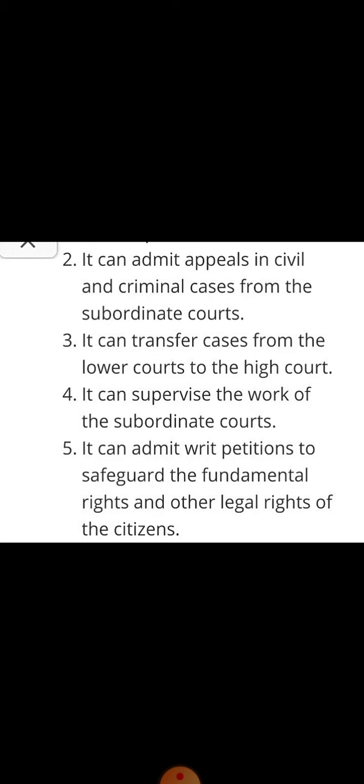So it is going to supervise and check the subordinate courts' work. Okay. It can admit writ petitions to safeguard the fundamental rights and other legal rights of the citizens. So it also has a right to protect the fundamental rights and legal rights of the citizens.